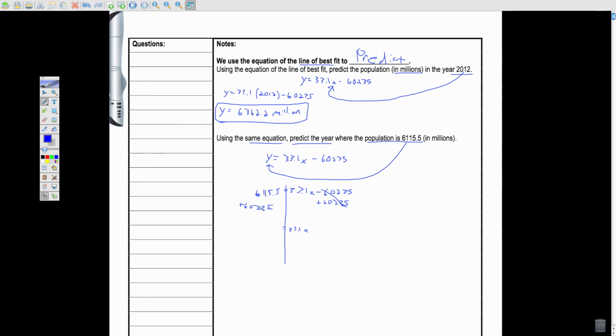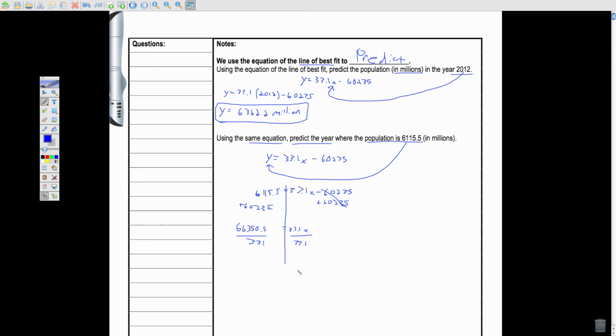All you have left is 33.1x equals, and if you add these together, let me type it in, 6,115.5 plus 60,235. What that would equal is 66,350.5.